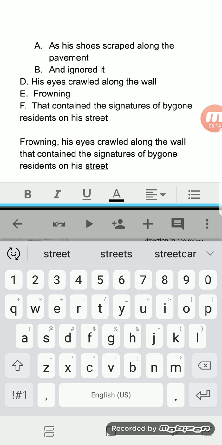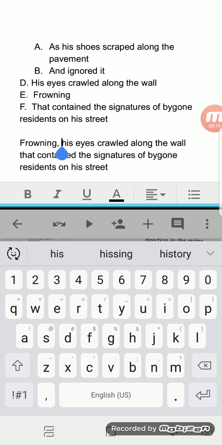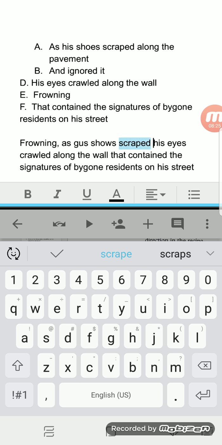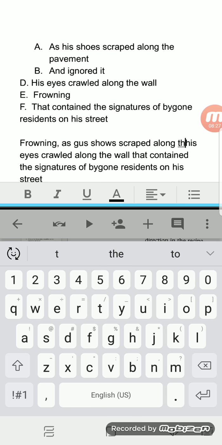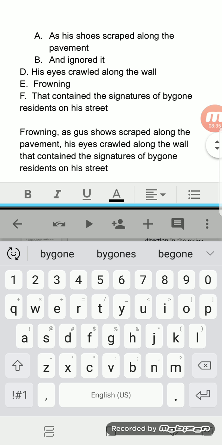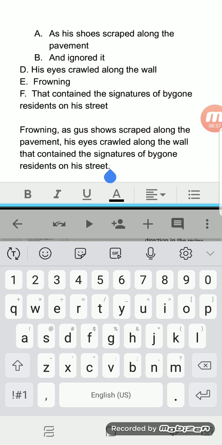All right, now, as his shoes scraped along the pavement, I'm going to put that at the beginning too. Frowning, whoop, as his shoes scraped along the pavement, his eyes crawled along the wall. Okay, so put it together, right?